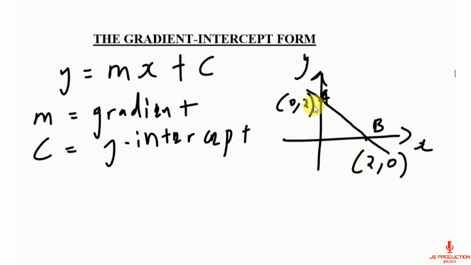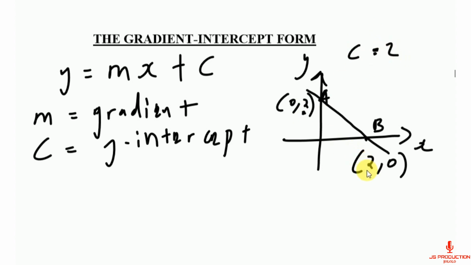So we can say our y-intercept is 2, because this is the y-coordinate where the line cuts the y-axis. So your c, which is your y-intercept, is 2.